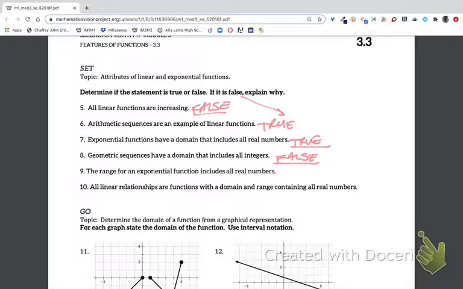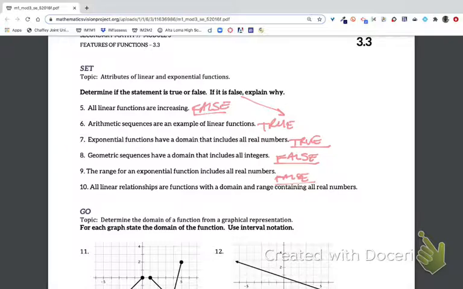The range for an exponential function includes all real numbers. We'll call that true. No, we will not. Thinking about it here.